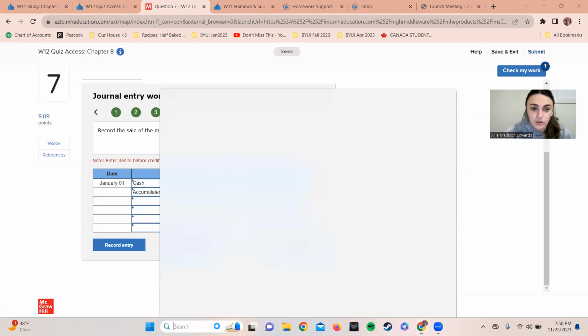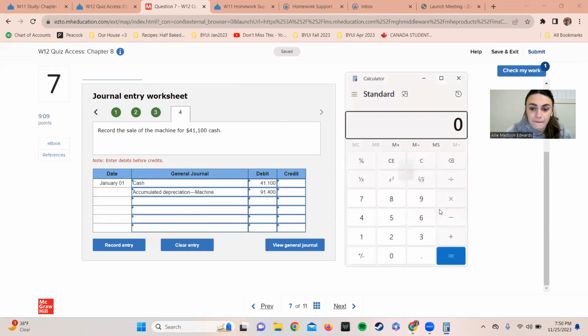Let me pull out my calculator here. We have our 91,400 plus 41,100 that they sold it for. We are over our 125,000 by $7,500.